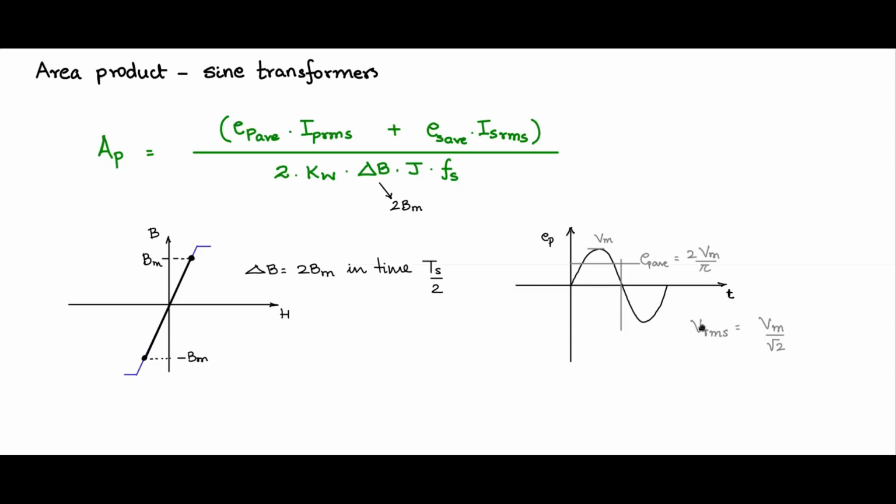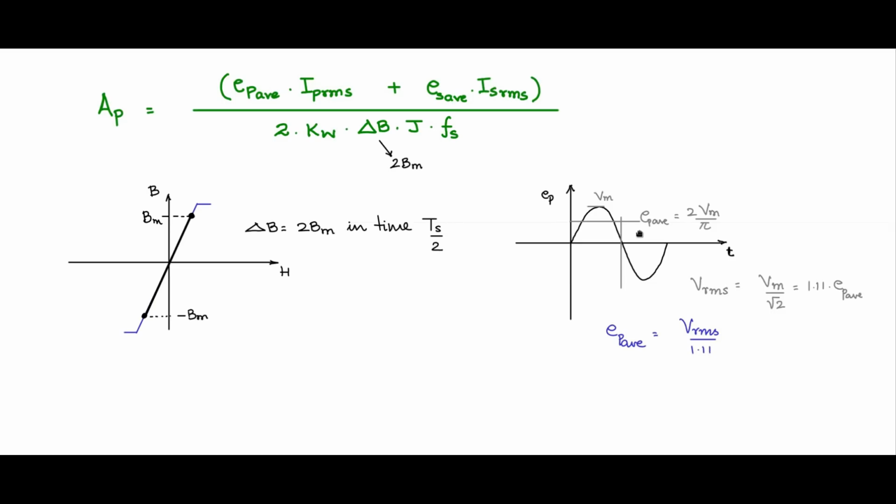The relationship between RMS and the half cycle average is 1.11 times the average. So therefore EP average will be replaced by V RMS by 1.11. Likewise, the secondary average by V secondary RMS by 1.11. So we can take that out common. Let us make that substitution.